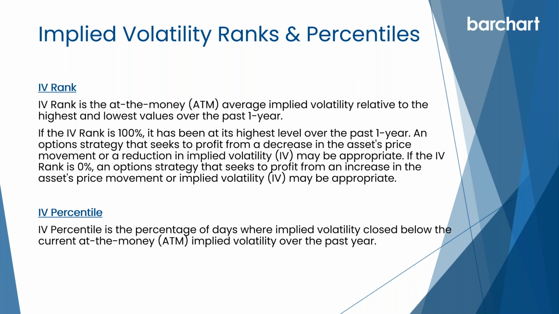And we'll also think about which way the rank and percentiles are trending. Again, with rising implied volatility you're buying volatility, or with falling implied volatility, you want to sell volatility.